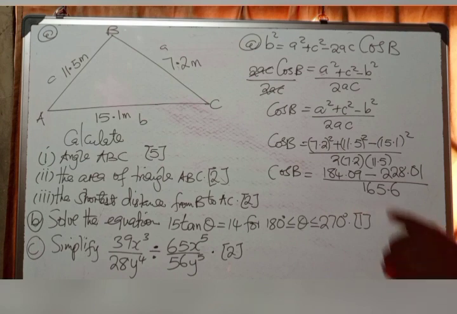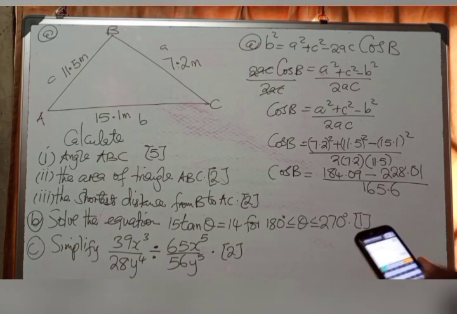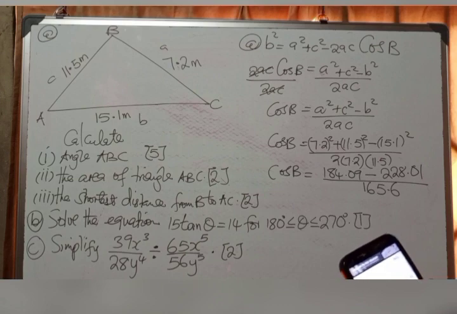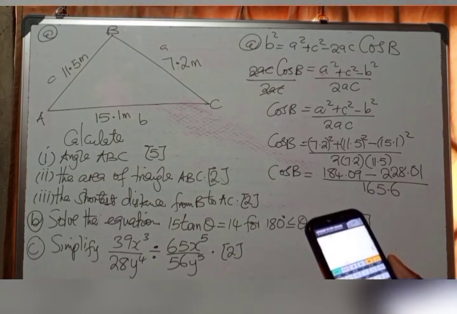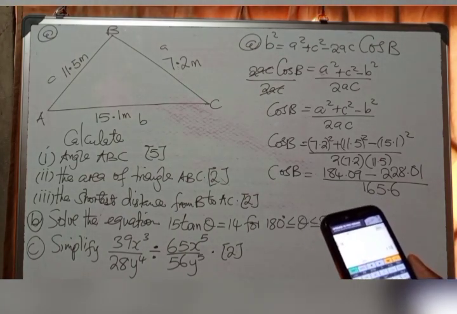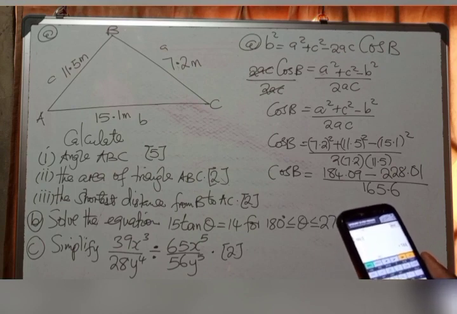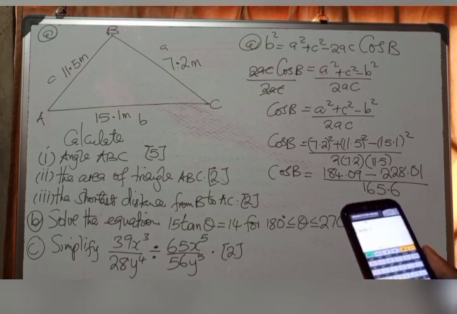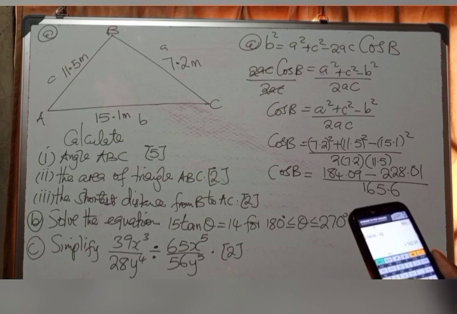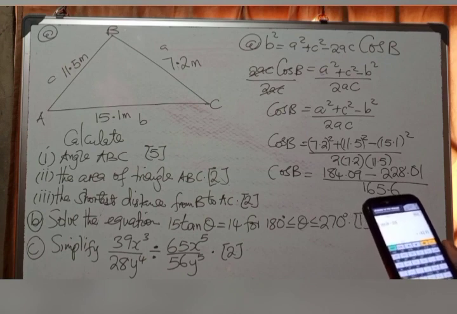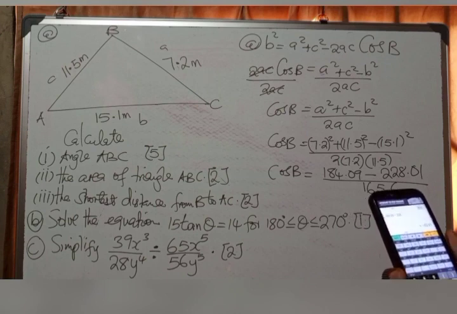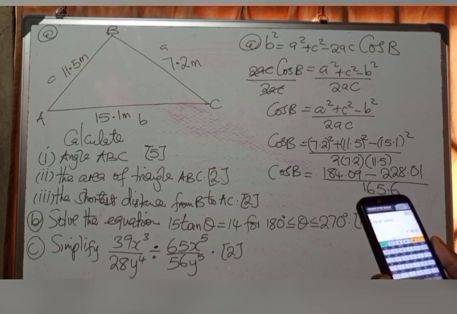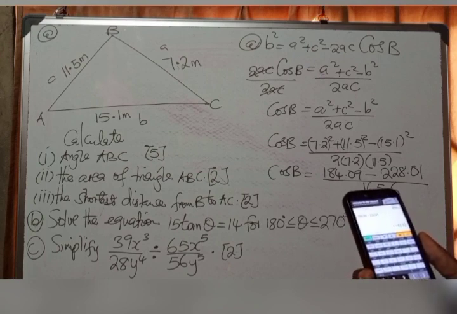Okay, now we are going to write 184.09 minus 228.01. This is the answer we have.